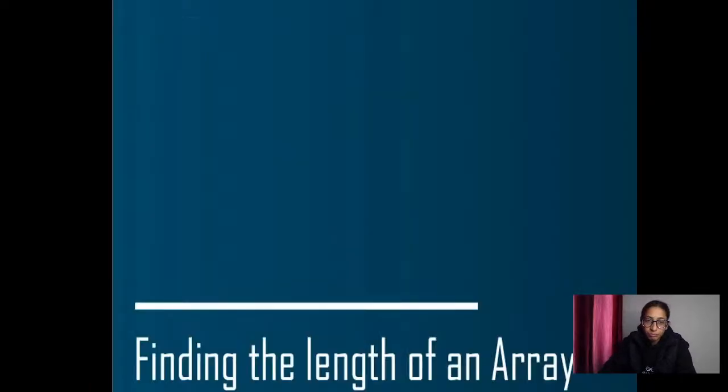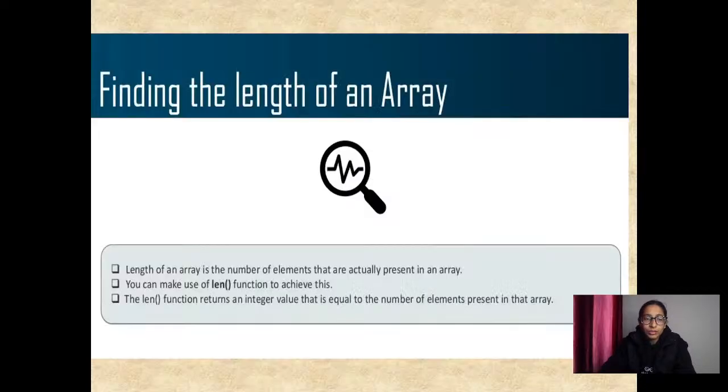Now, how do we find the length of an array? The length of an array is the number of elements actually present in the array. If I ask how many numbers there are, it will be 1, 2, 3, 4, 5.